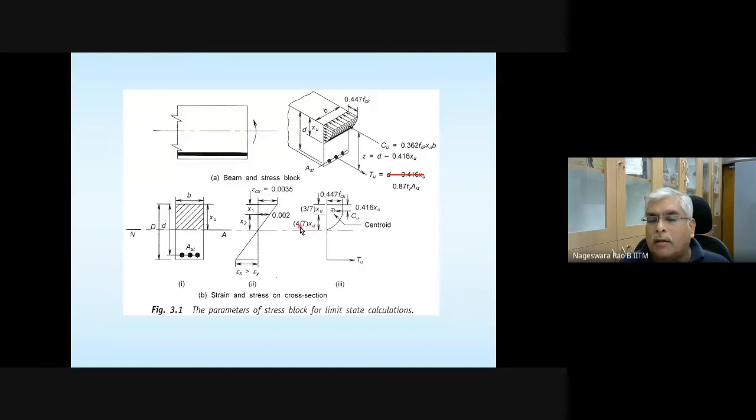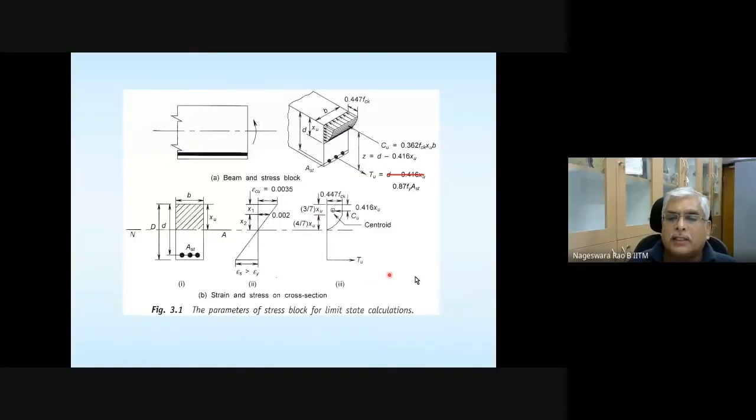And whatever quantities, the ratios of the distances on the stress strain curve that I mentioned, 4 divided by 7, 3 divided by 7, based on that, if the neutral axis depth is XU, starting from 0 strain, and the rectangular distribution, take a note of it.